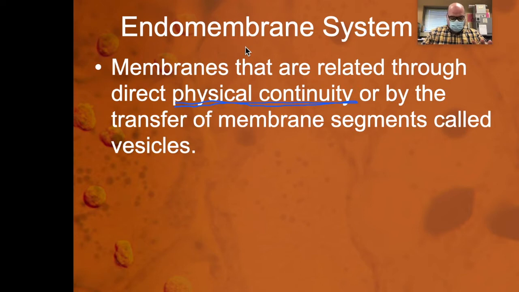The other thing they can do is transfer things inside of membranes called vesicles. So you can think of these, when we talk about them like that, they're sort of like the baggers at the grocery store.